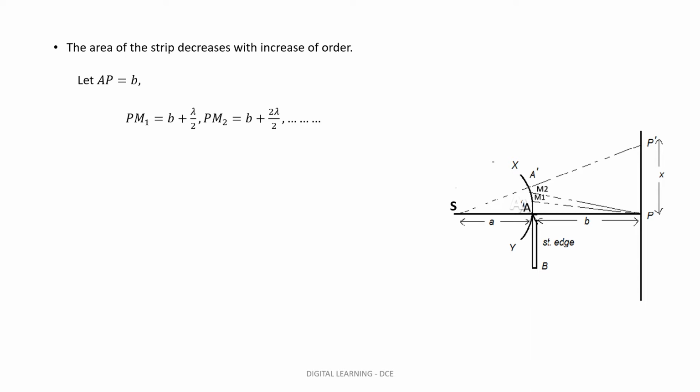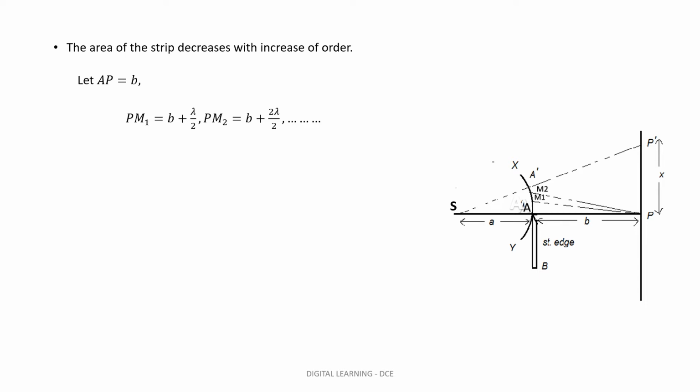A is the pole of the wavefront XY and AP is equal to B. Similarly, PM1 is equal to B plus lambda by 2, PM2 is equal to B plus 2 lambda by 2 and so on. I have discussed this in my previous video on Fresnel's half-period zones. The path difference in each successive zone increases by lambda by 2.